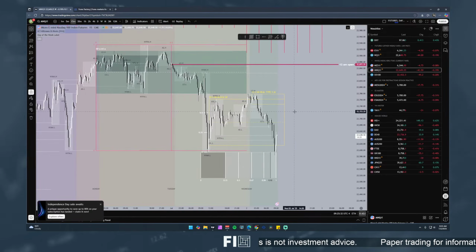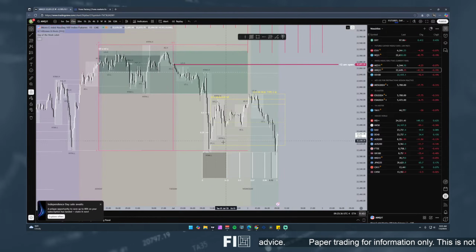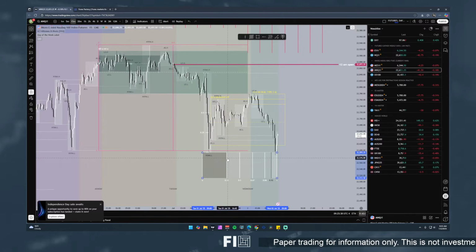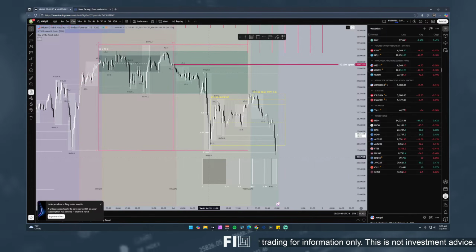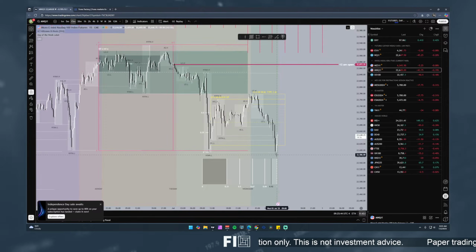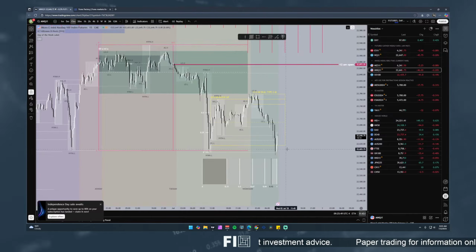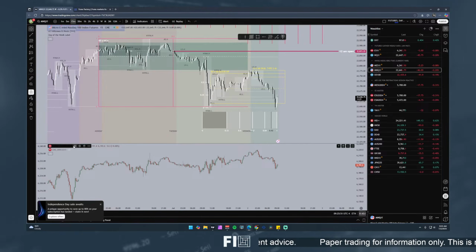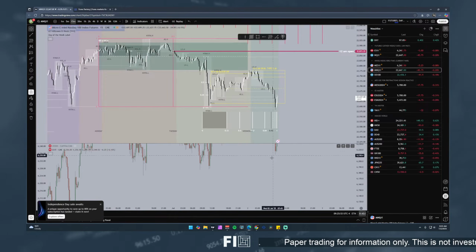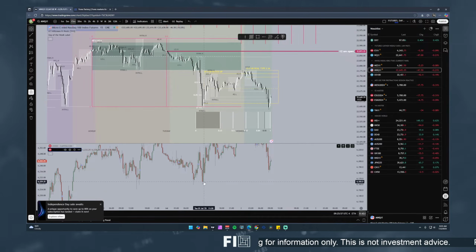And again, this idea stems back down from these lows that were created via SMT. You'll see that here yesterday at the AM at 11 we had these lows created. This morning we tapped on it. You see, we compare it to the ES, which is the S&P 500 futures.